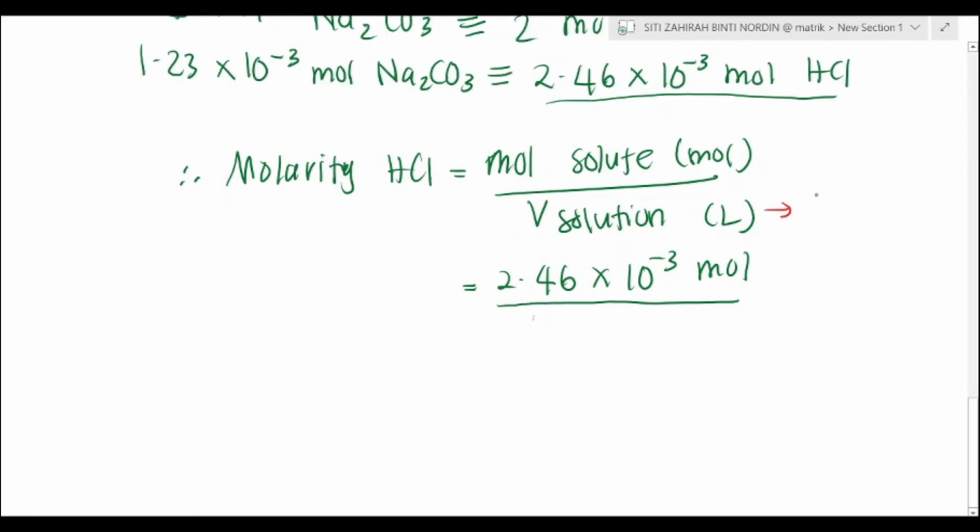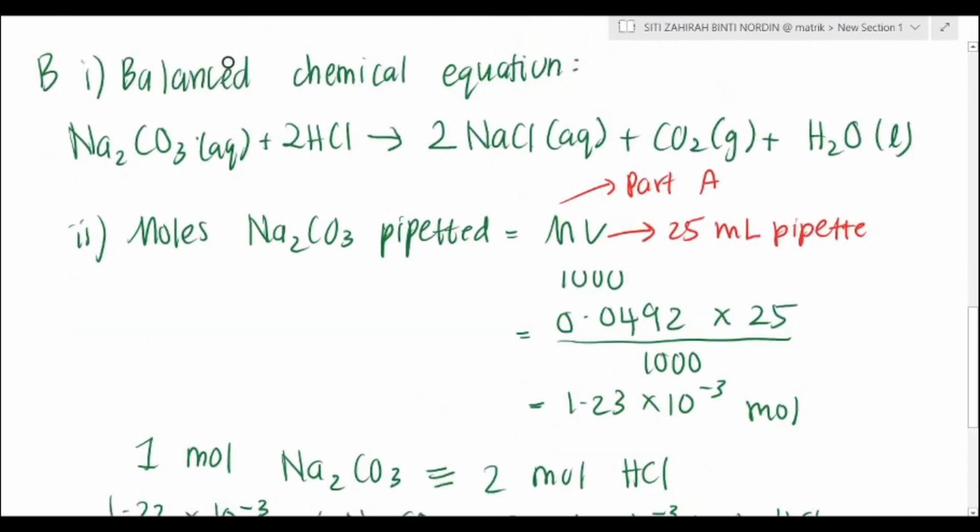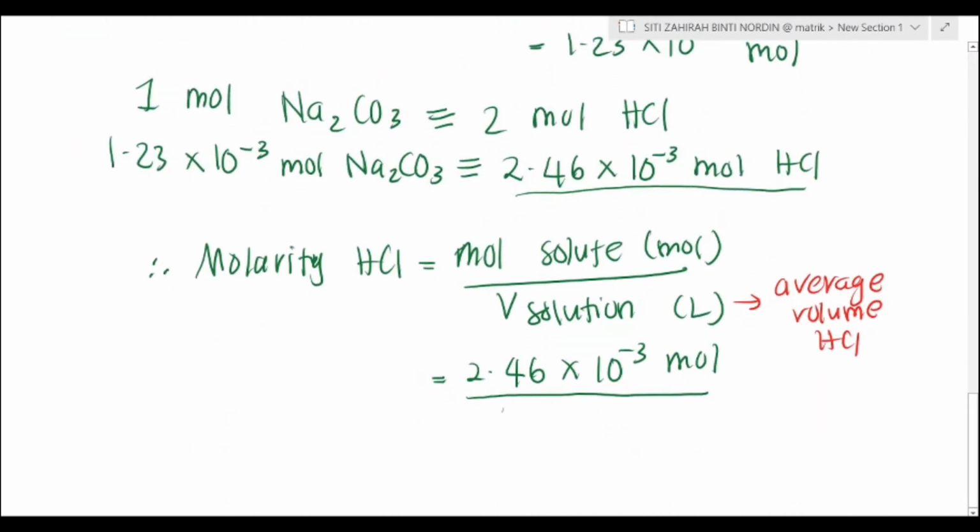This is the average volume that you calculated in the result. But remember, class, you need to convert that ml to liter, so that would be 0.0245 liter. So your molarity of HCl would be 0.1004 molar, or you can leave the unit as mole per liter.